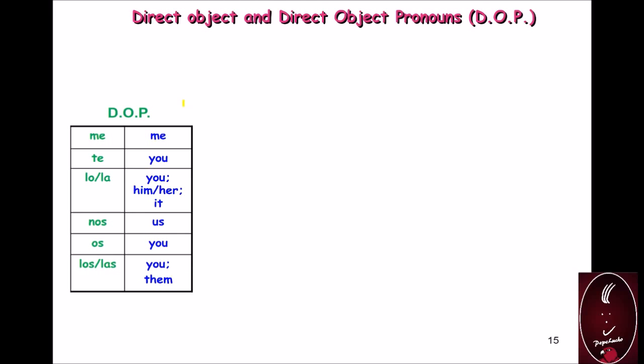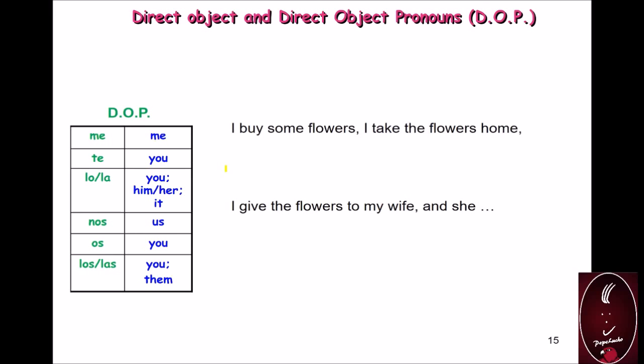So let's see how we use them. In my sentences here: I buy some flowers, I take the flowers home, I give the flowers to my wife, and she hits me with the flowers. Well, just forget about the last sentence.